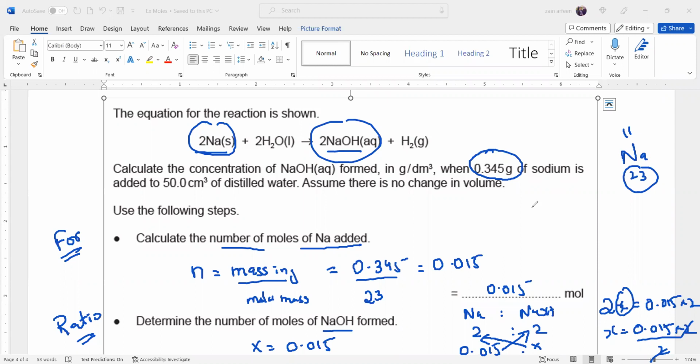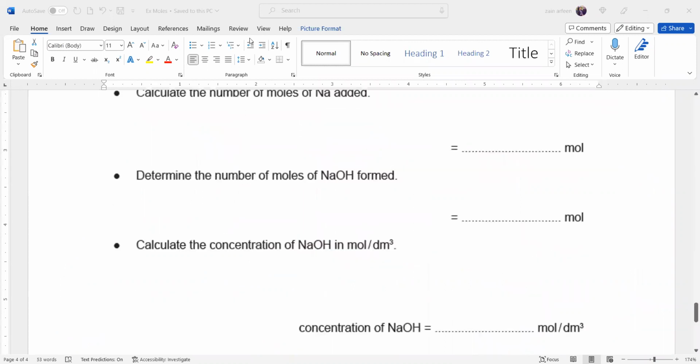When you cross multiply, as we are saying, the mole ratio is 2:2. For sodium and sodium hydroxide, the mole ratio according to the equation is 2:2. So if this is 0.015, this will be X. We cross multiply, so this 2 is multiplied with X, and this will become 2X.